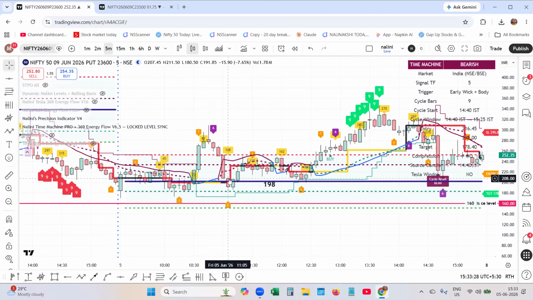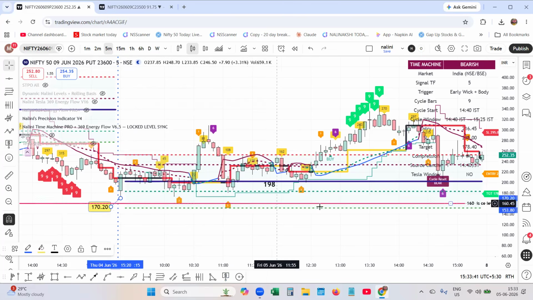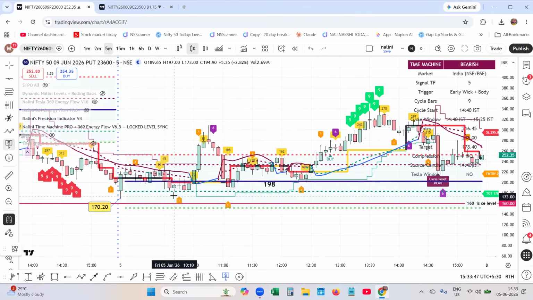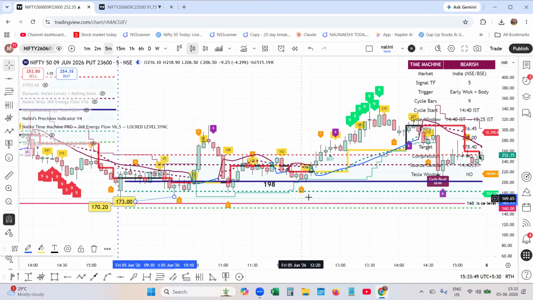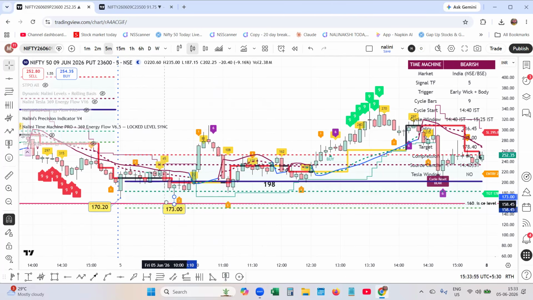Even though this is the deciding level, the put option came down to 172, 170, and even so it is your reference. It is not throughout the day, not gone through this. This is a hack I'm teaching you people.